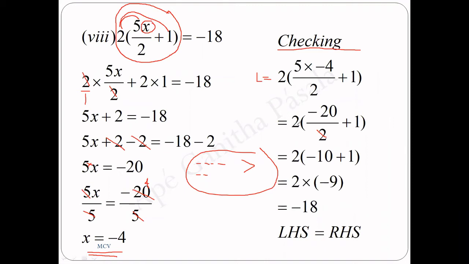This 2 is common not only for this one, for 1 also 2 is common. So you can cut this 2 only with this 20. Then 20 divided by 2, 10. So minus 10.